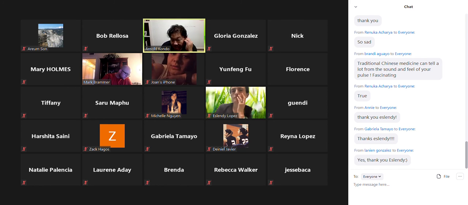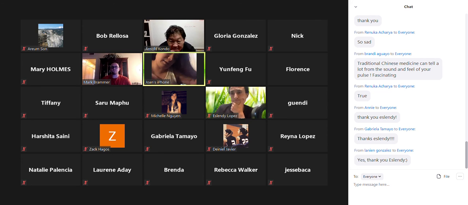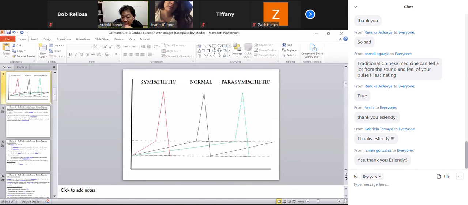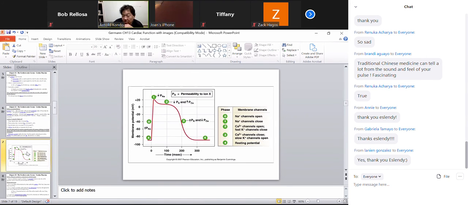You broke up, Joan. The first picture was the heart rate, right? Yeah, so this picture right here is the heart rate one. And the second one is the stroke volume. We're looking at the contractile cells, which make up pretty much the entire heart.